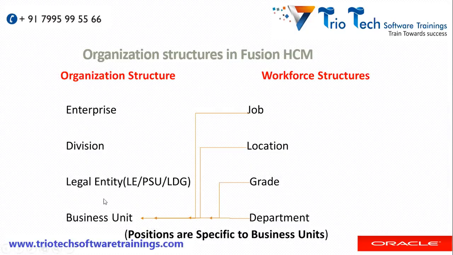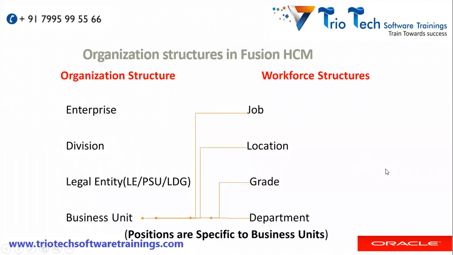Under divisions, we will have legal entities, and then business units. This is the hierarchy that is there in the Fusion application. These terminologies are related to Fusion, but in regular terminologies, now we will see what is meant by enterprise, legal entity, and divisions.